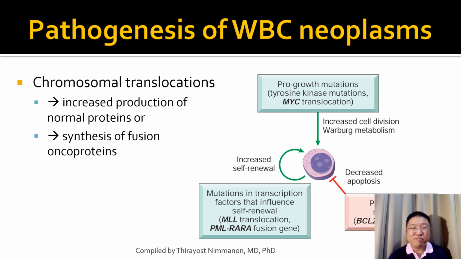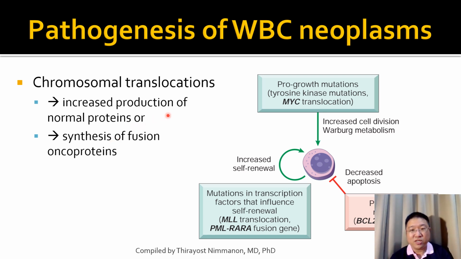And some chromosomal translocations are used for diagnosis and also for treatment. So the chromosomal translocations may result in increased production of normal proteins or synthesis of fusion oncoprotein.